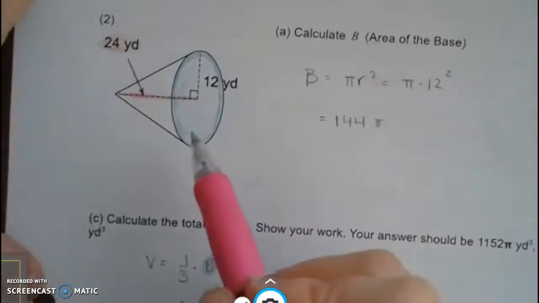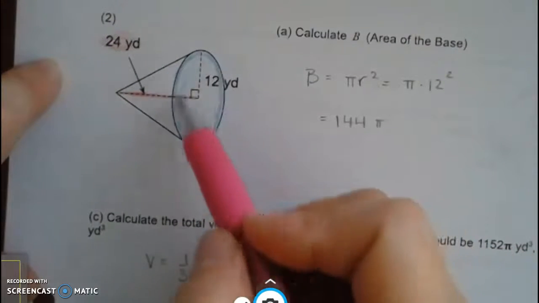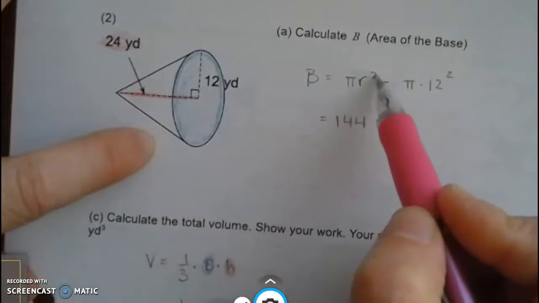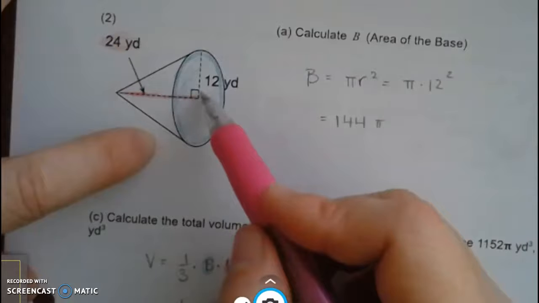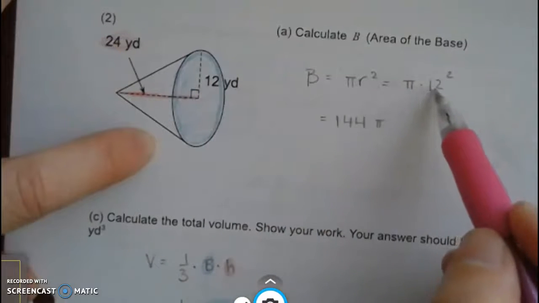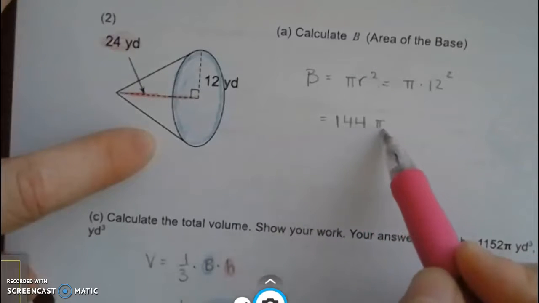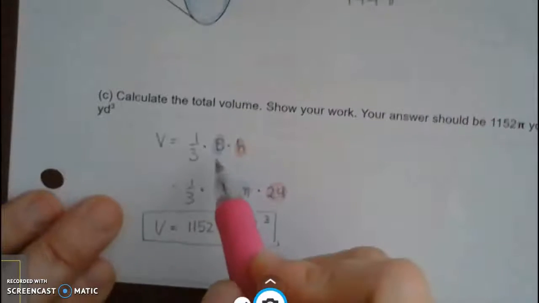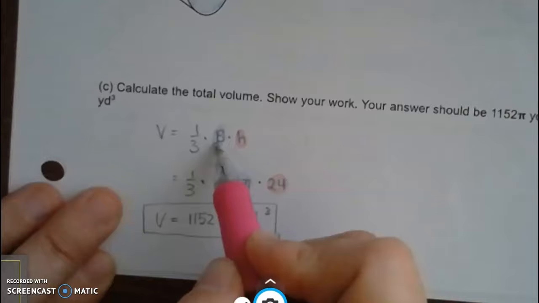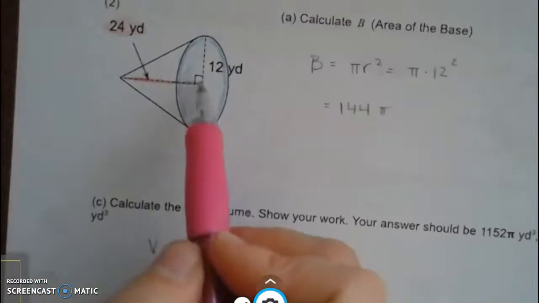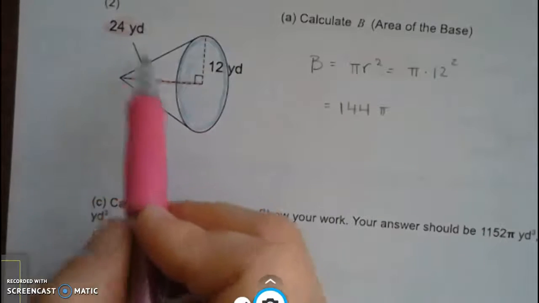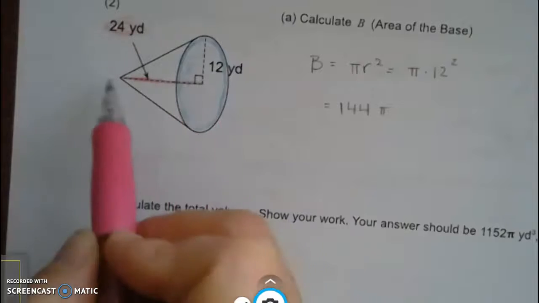Next, we have a cone. The circle is my base, and base area is always given by pi r squared, and the radius is 12 yards here, so it's going to be pi times 12 squared, which is 144 pi yards squared. Now to find the volume, now that we've figured out the big B, the area of the base, we're told the height, how far it is from the base to the apex, is 24 yards, and we're talking perpendicular from center to the tip.